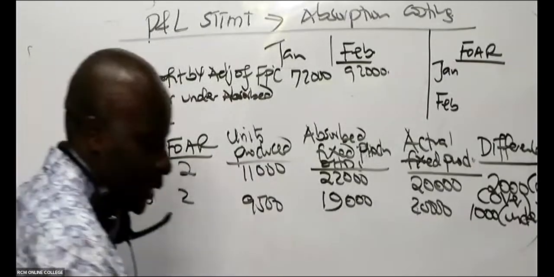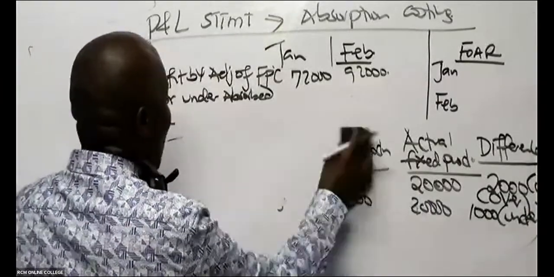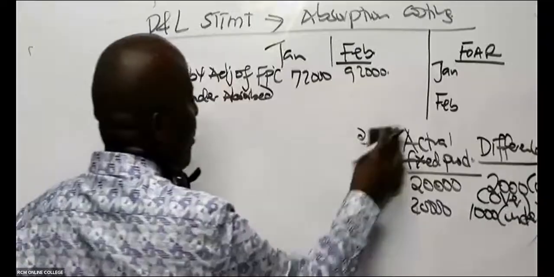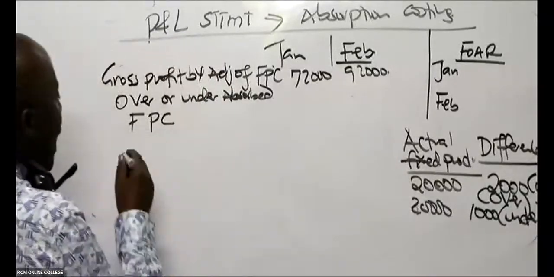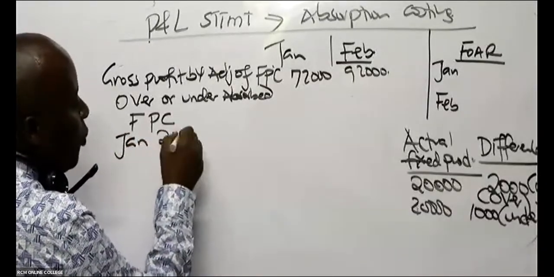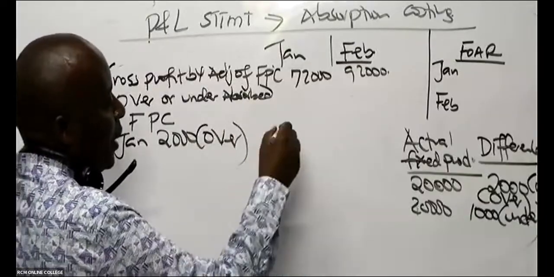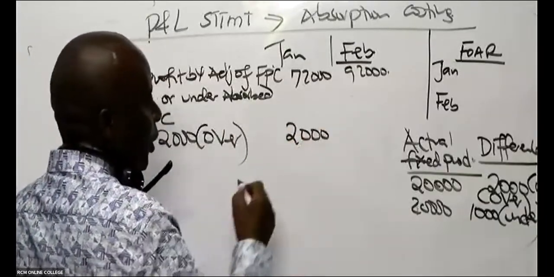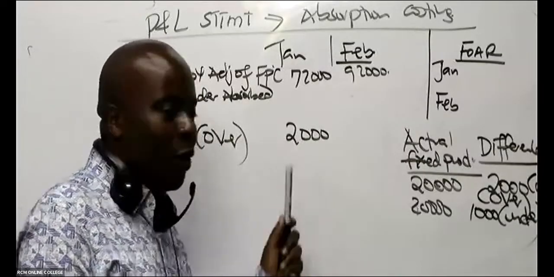Now we have the figures. Now I'm so happy, because now what I will do, I will come and say January. So January, we had a figure of 2,000, which was over. So I'll be able to bring and put it here, 2,000. So the question is, if it was over absorbed, do I add it here or do I subtract?